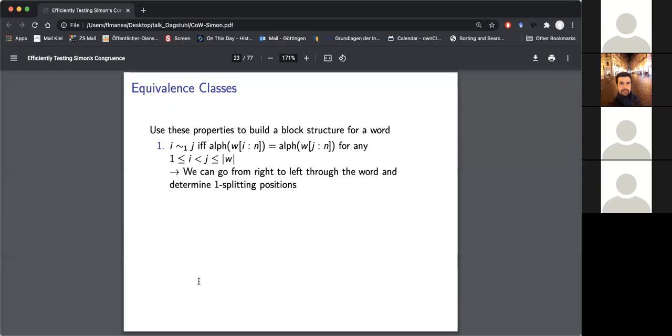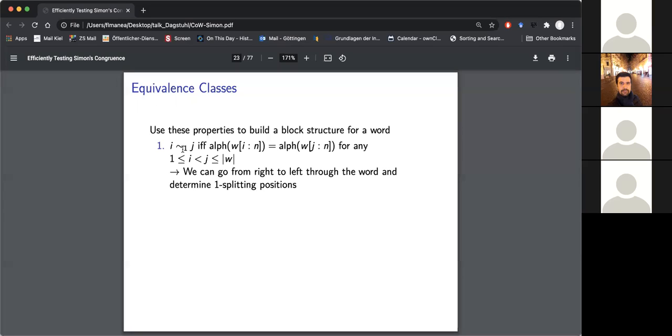Using these basic definitions and properties, we can actually compute these blocks of a word, essentially the blocks induced by the sim-K relations for K from 1 on inside a word.